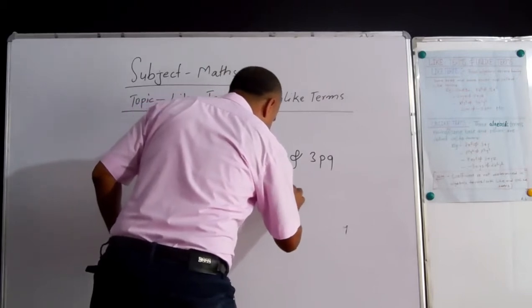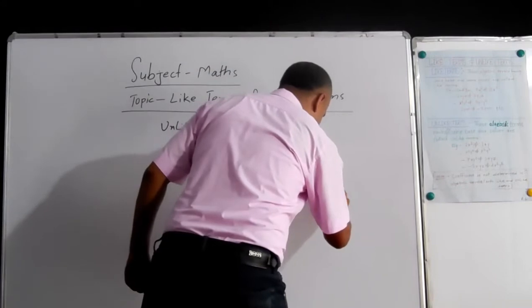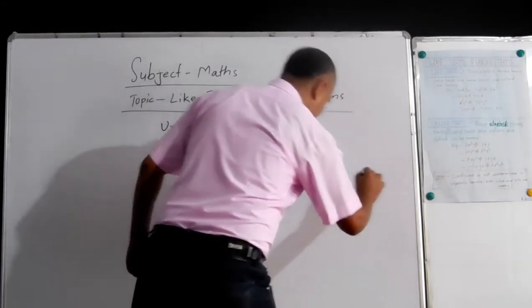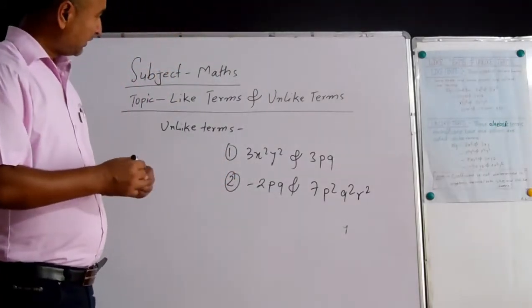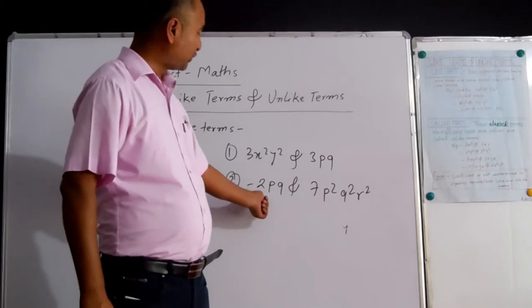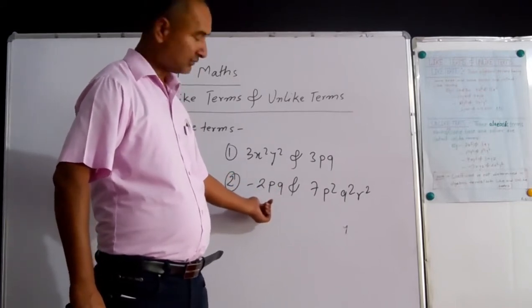Second one, minus 2pq and 7p square q square r square. Now compare both the expressions. Here in minus 2pq, there are two variables and one coefficient.